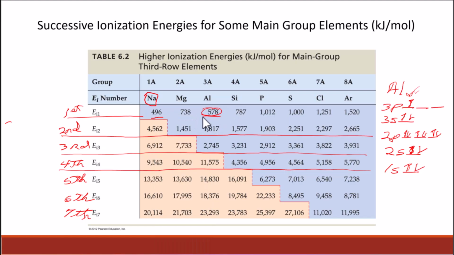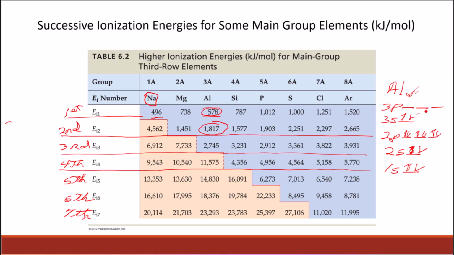Now, as you remove the second electron from aluminum, it jumps up much higher because remember, if you remove the first electron, let's go ahead and just remove that electron. Now what do you have? You have magnesium's electron configuration, and that's a filled shell. This is pretty darn stable, so it takes a lot of energy to break up that pair.